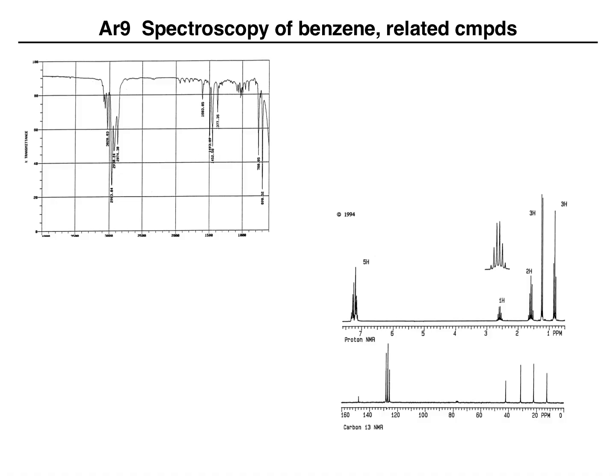If we really wanted to, we could find a resource that lists the patterns of the OOP and the overtone region, and we could get more information. But for now, having sp2 CH and sp3 CH and having our benzene ring, that gives us plenty of information to work with.